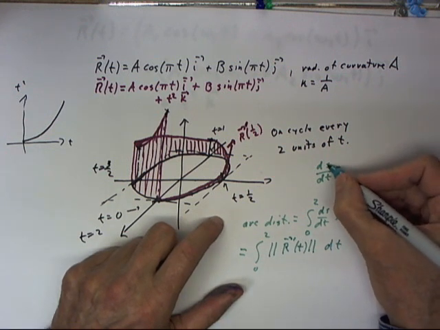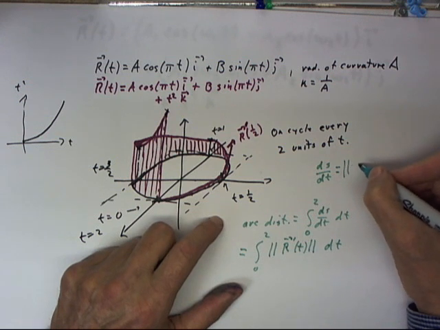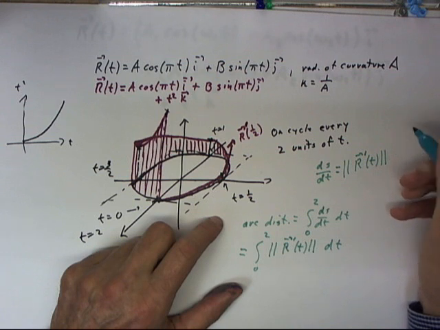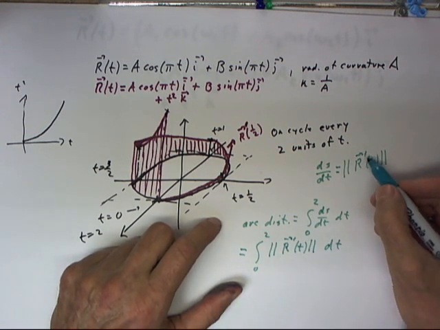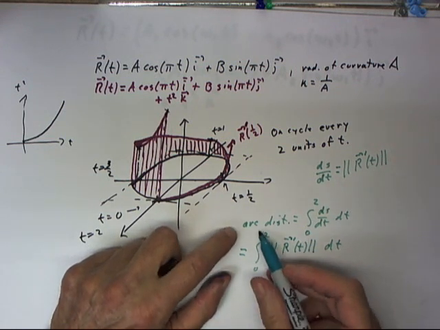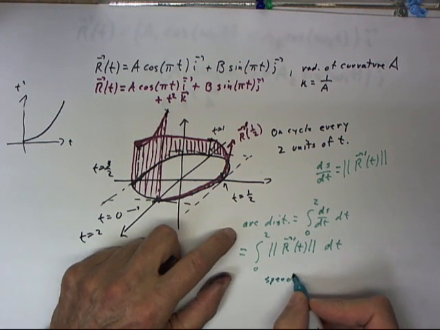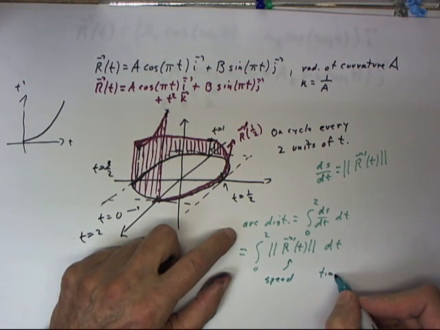That is, our ds dt, the rate at which we're covering distance, is the magnitude of the r prime of t vector. And r prime of t is just our velocity, so the magnitude of r prime of t is our speed. This integral is just an integral of speed with respect to time.